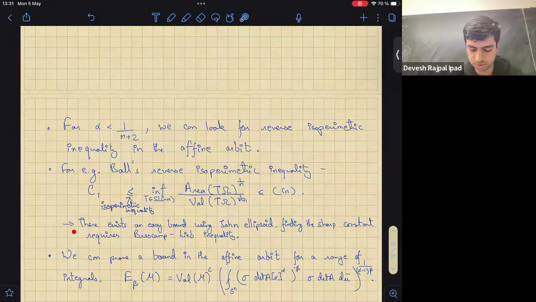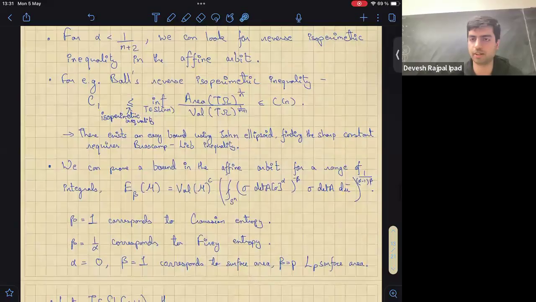Anyway, there exists an easy bound of this inequality using an argument from John, which is, we know the existence of John ellipsoids, which provide suitable ratios of ellipsoids inside and outside your convex body, and we can bound it quite easily in the affine orbit. The sharp constant is an analysis question.